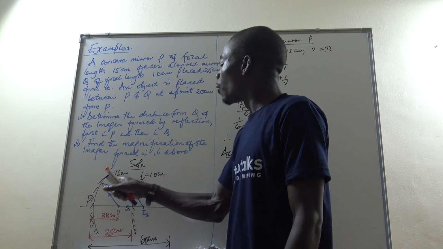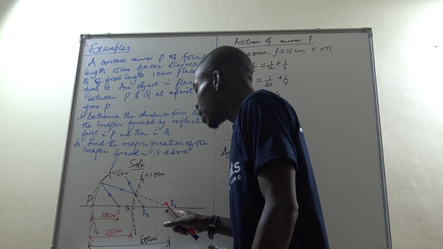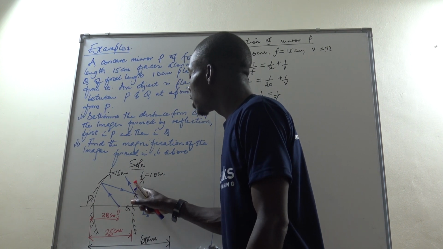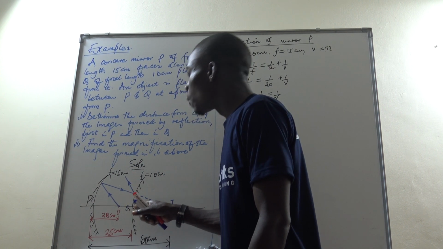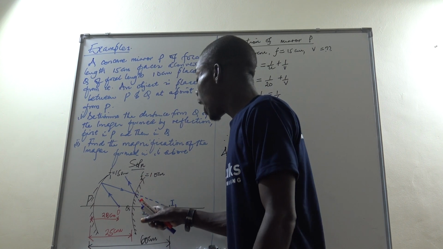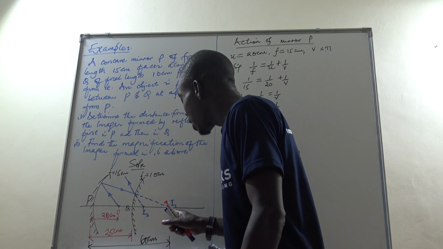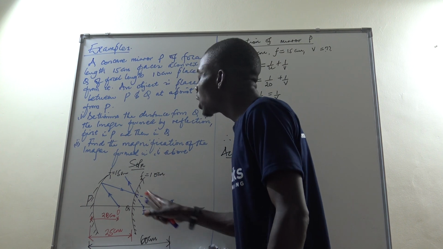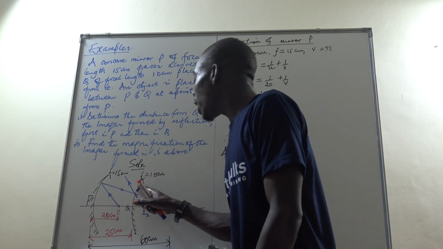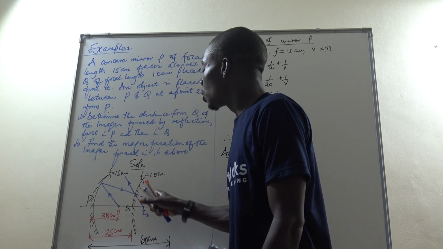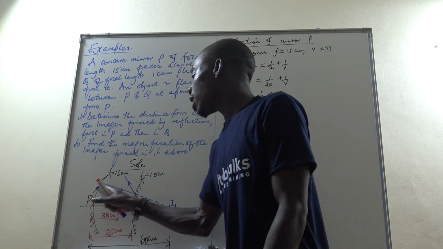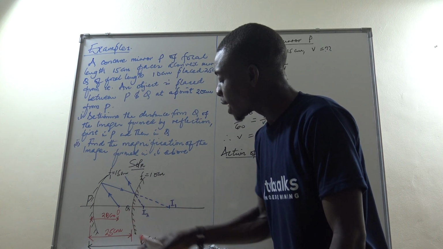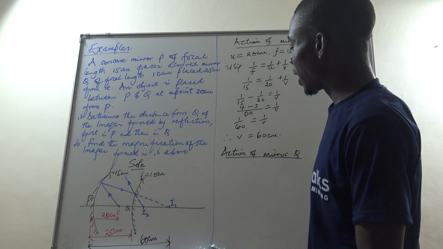The image of the first mirror, I1, is going to act as the object for this second mirror Q. And this image is going to be virtual with respect to this one, because it is the one that made it virtual, but real to the other one at 60, and virtual to this one at a distance of 60 minus 25.